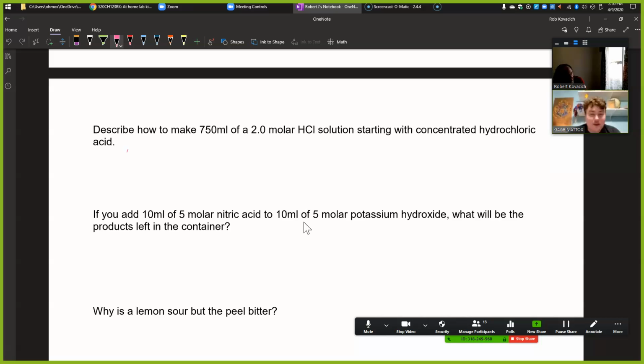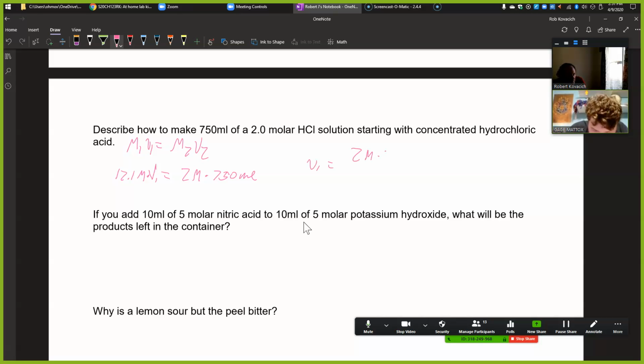M1V1 equals M2V2, and the concentration of the concentrated hydrochloric acid is 12.1 molar, or I think your note said 12 molar, so whatever, times the volume of 1 is equal to 0.2 molar times 750 milliliters. So just solve for V1.